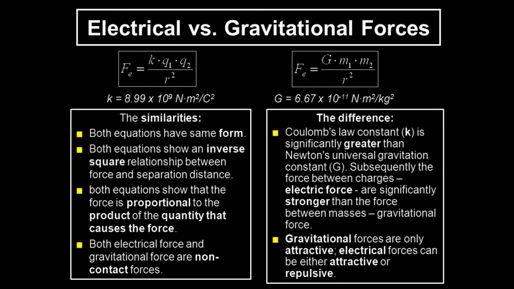They have the same form, and they have an inverse square relationship. Both equations are proportional to the product of their masses in gravitation and charges in electricity, and both are non-contact forces, whereas there are some differences between them also. Gravitational force is only an attractive force, whereas electrical force can be either attractive or repulsive.